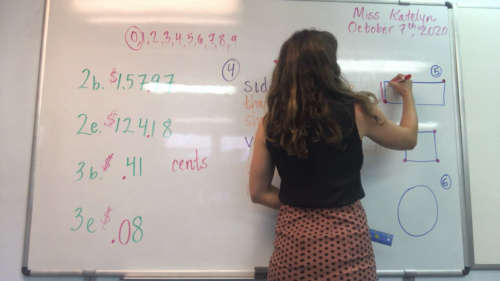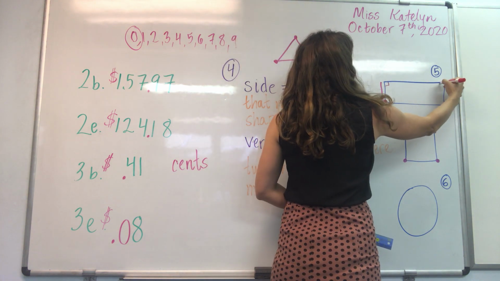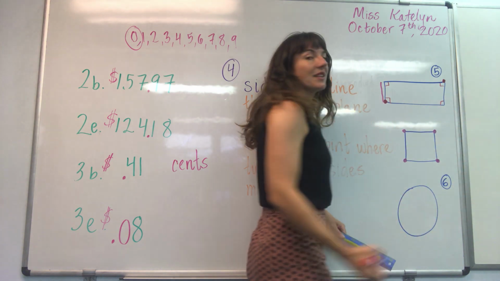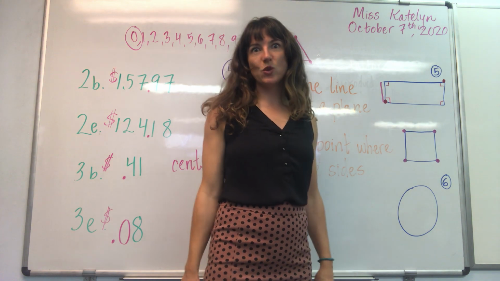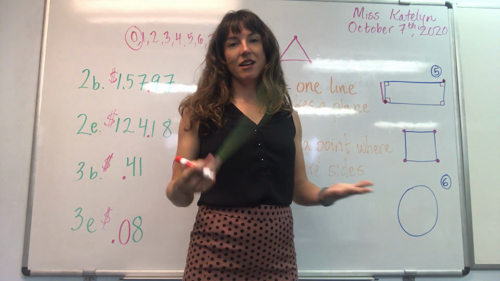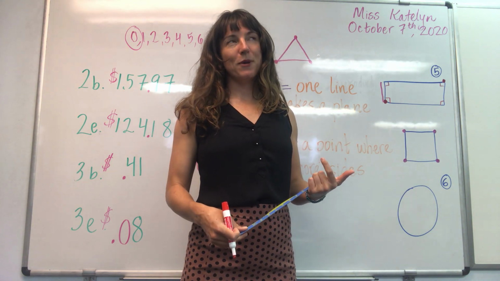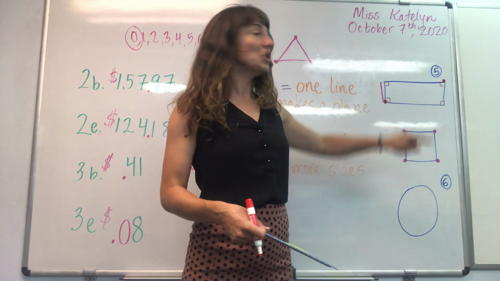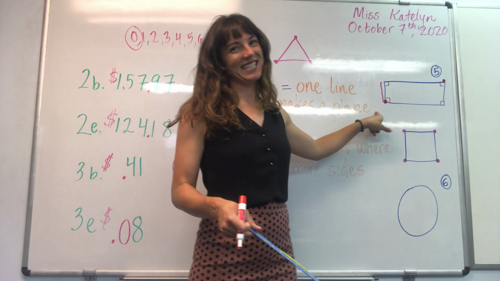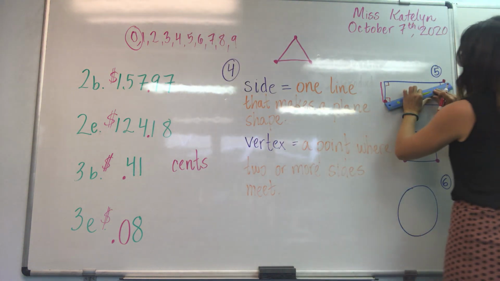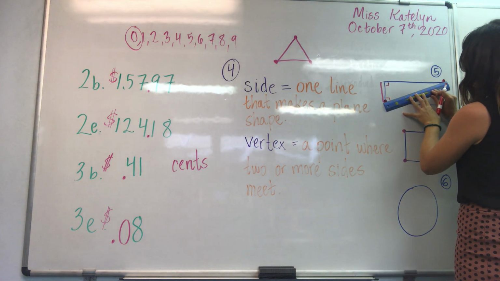Right angles look like this. And 4 sides. All right, so the best way to divide this parallelogram perfectly in half is to do a top vertex and an opposite bottom vertex and make a line between the two.